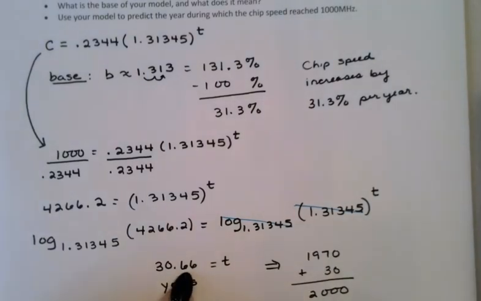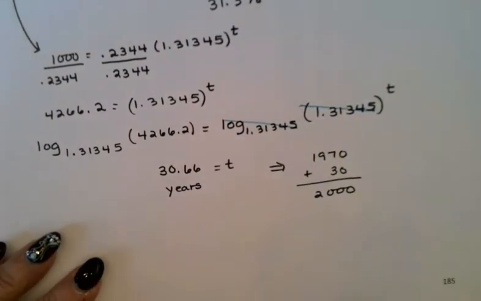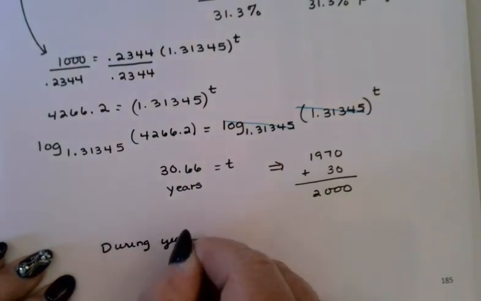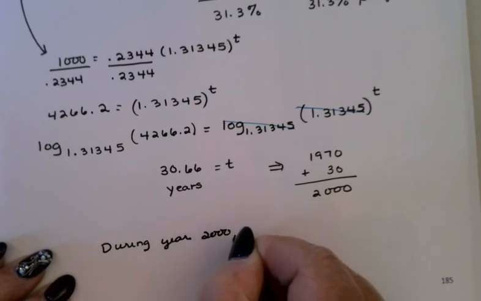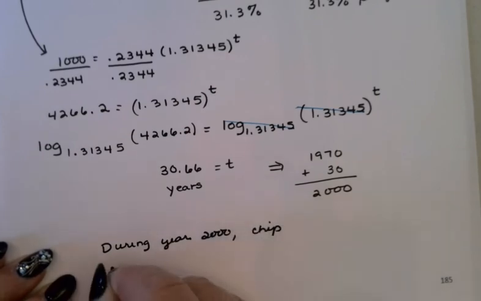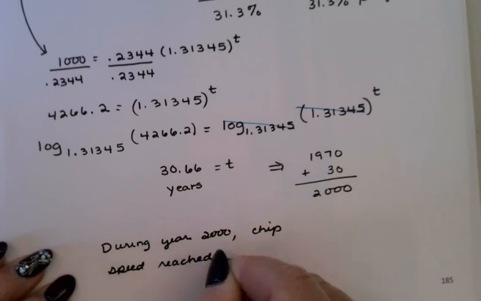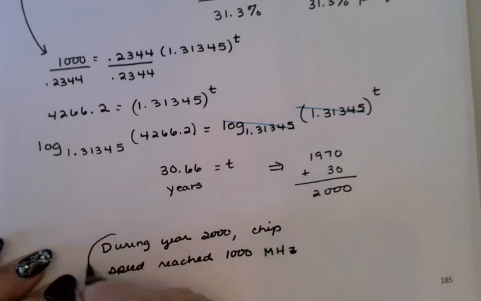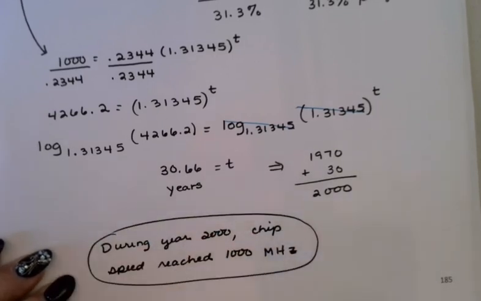Notice it would be past halfway through the year, but it would be during the year 2000. And of course, all of these predictions are according to the model.